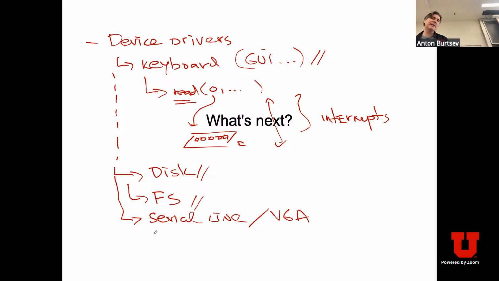And for the serial line, in a data center there is a serial port, and typically you connect a cable because you don't have a screen for each blade in a data center. You connect a cable to the serial line, and then the serial line goes to a special device which converts it into a network interface, so you can access it remotely.